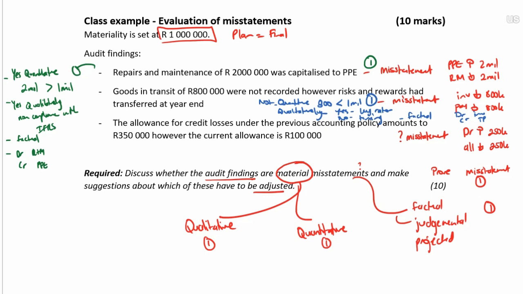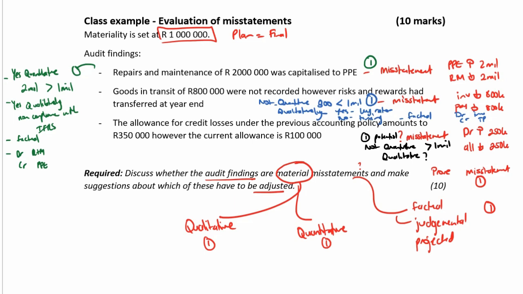My allowance for credit losses. Is there a misstatement? There's a potential misstatement. Is it quantitative? It's not quantitative because it is less than 1 million. Is it qualitative? Again, this is questionable, guys.